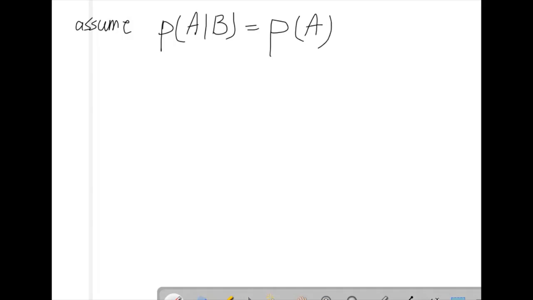So we assume that the probability of A given that B is the probability of A. Now we want to prove that the probability of B given that A is equal to the probability of B.